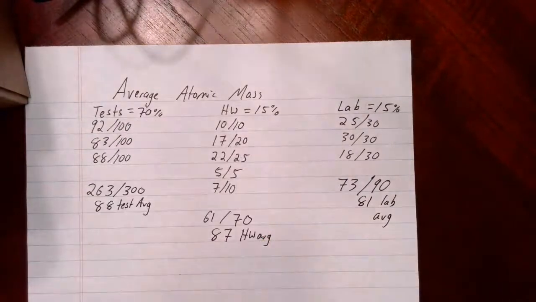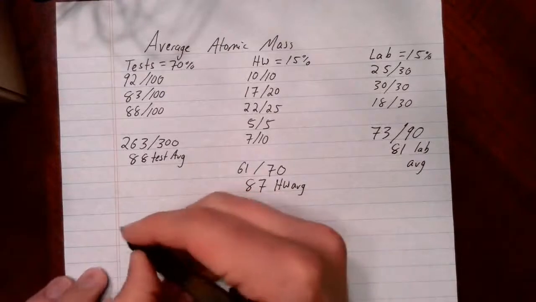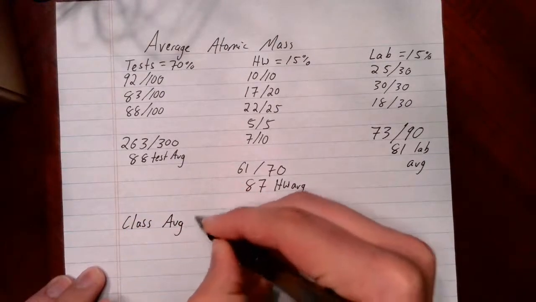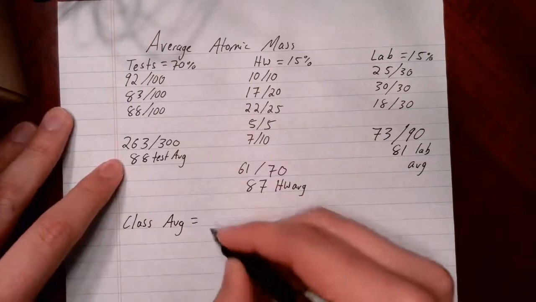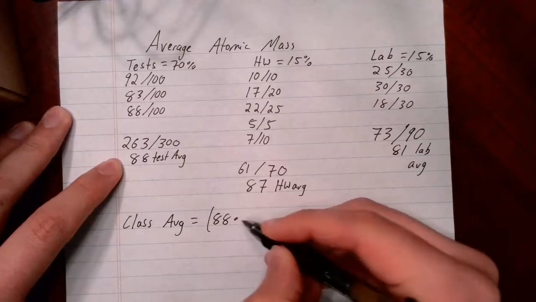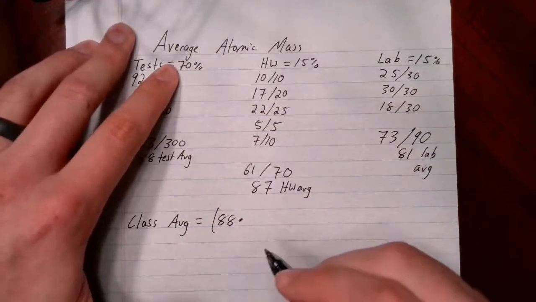Okay. So now you have your test grade, your homework grade, and your lab grade, and you want to find your overall class average. So your class average will be equal to your 88 test average times 70% converted to a decimal.